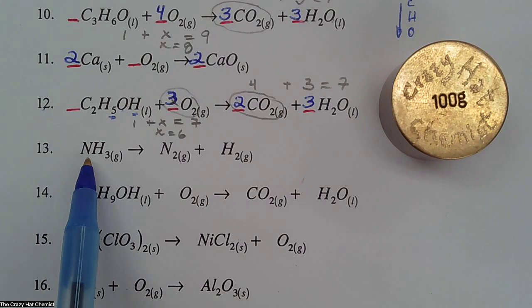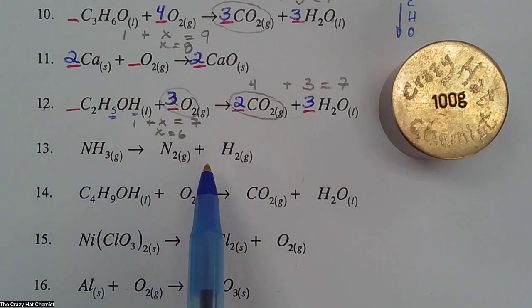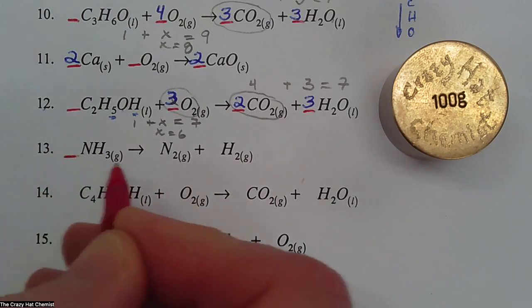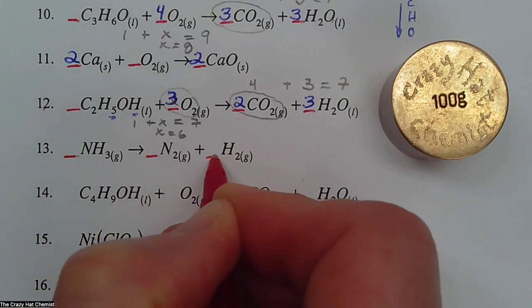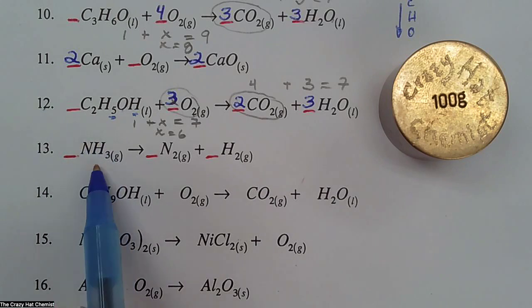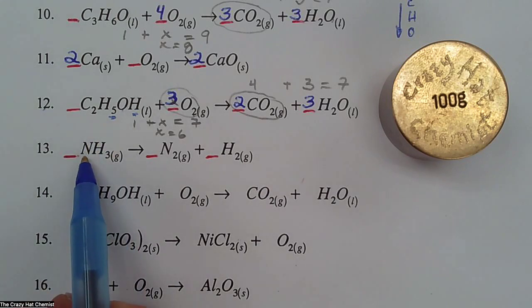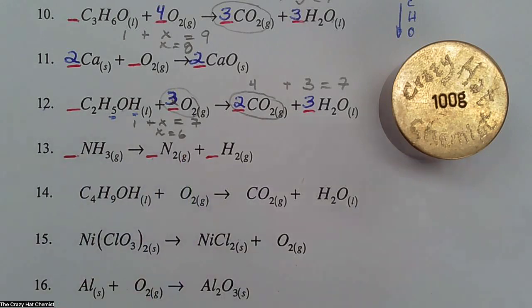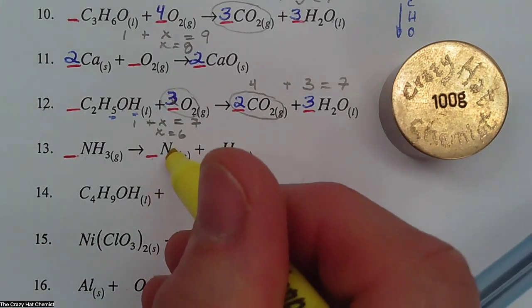Problem number 13, this is a most famous reverse of a very famous reaction, the Haber process of production of ammonia. But this one is taking ammonia and decomposing it. So ammonia decomposing to nitrogen gas and hydrogen gas. What we're going to do is look at this complicated formula. There's 1 nitrogen on the reactant side and 2 on the product side with this 2 right here.